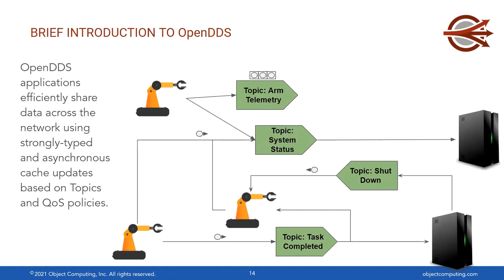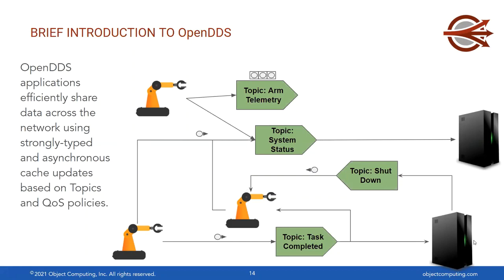So OpenDDS applications efficiently share data across the network using strongly typed and asynchronous cache updates based on topics and quality of service policies. In this diagram, we see that a number of robot arms are all part of a distributed system. So the different robot arms are doing whatever they need to do, whatever robot arms do, and they are interacting with different topics on the network, and sometimes publishing, like the telemetry or the system status, or sometimes subscribing, like receiving a shutdown command.